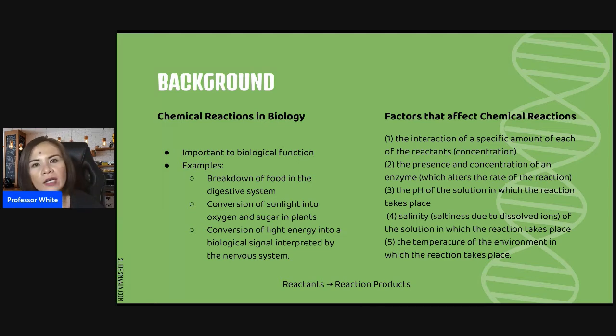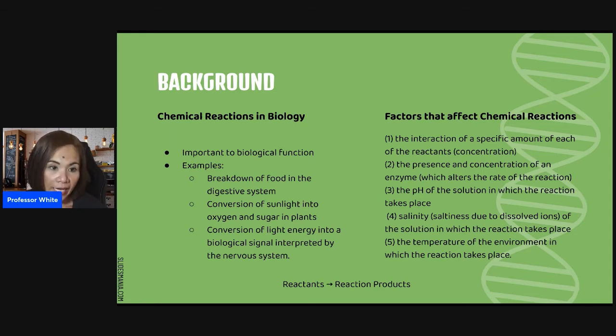Now, there are some factors that affect a chemical reaction. First, the interaction of specific amounts of each of the reactants, or in terms of concentration, for example. Another factor is the presence and, of course, concentration of an enzyme, which can alter the rate of reaction.